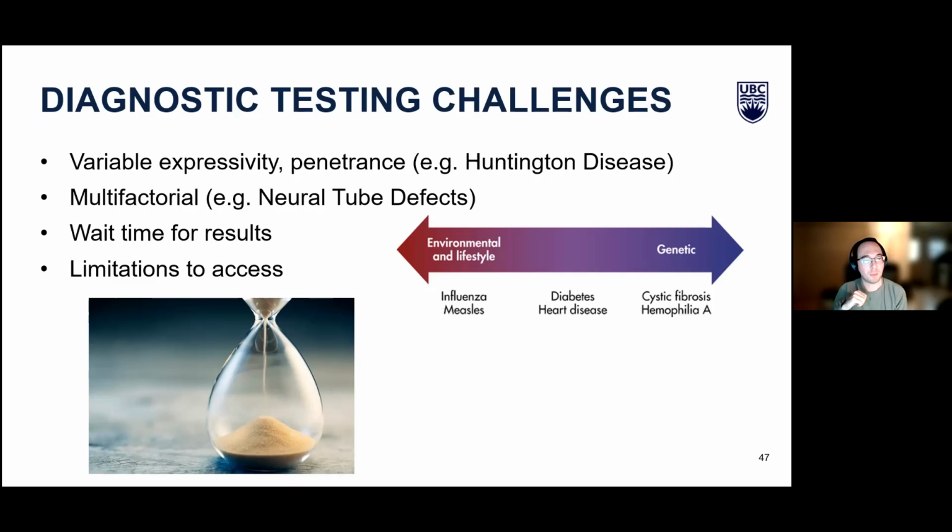So again, that's problematic. Variable expressivity. I won't go into this too much, but basically what it means is that you could have multiple people with the same genetic mutation, but they could have different presentations of the disease. You could have one person that has a very severe expression of the disease, one person has a very moderate expression, one person has a very minor expression of the disease. So in some cases, when we do this genetic testing, we don't actually know how severe it might be.